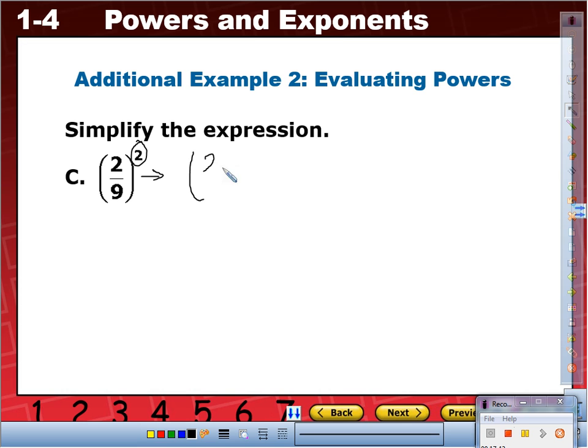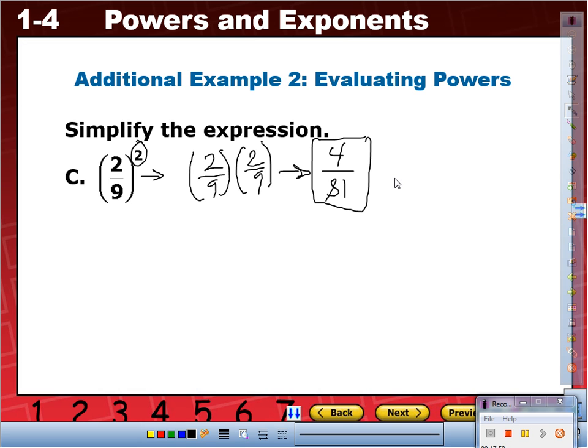So this is 2 9s times 2 9s. So let's see. What is 2 times 2? 4. What is 9 times 9? 81. Can we simplify to lowest terms? Nope. We're done. Right.